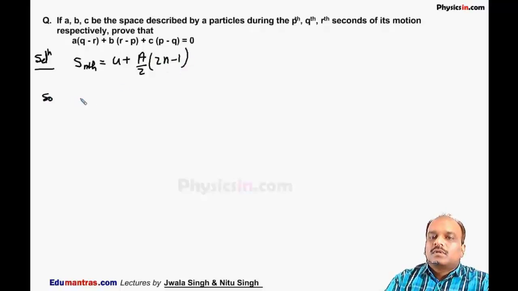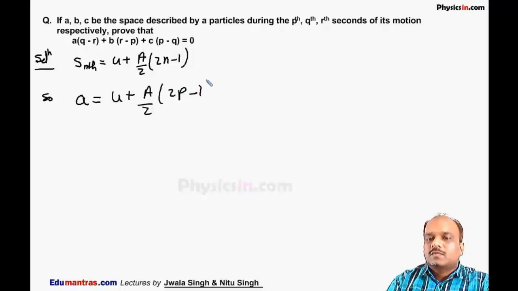So the distance traveled in the pth second is A, so A is equal to u plus acceleration a by 2 into 2p minus 1. This is the first expression.